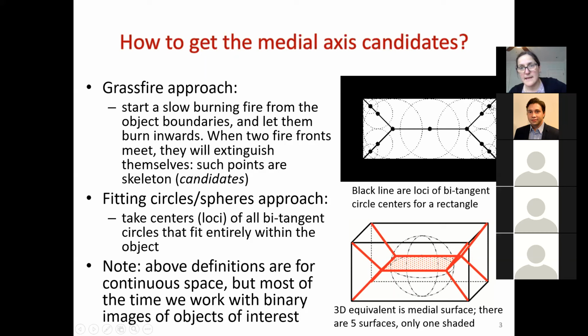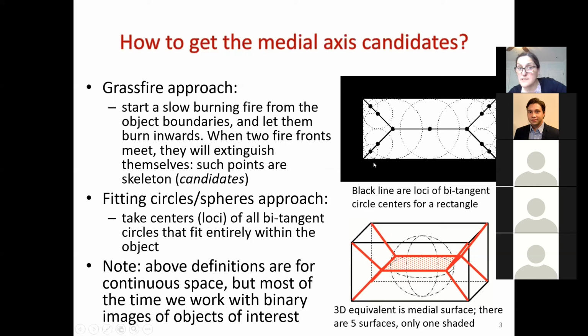So then my medial axis candidates are actually these lines that you see here. Now, why did these two fires extinguish themselves? If I look at this circle here, at this point, I can see that it's equidistant from this boundary and from this boundary, which is why these fires merged and stopped right there.